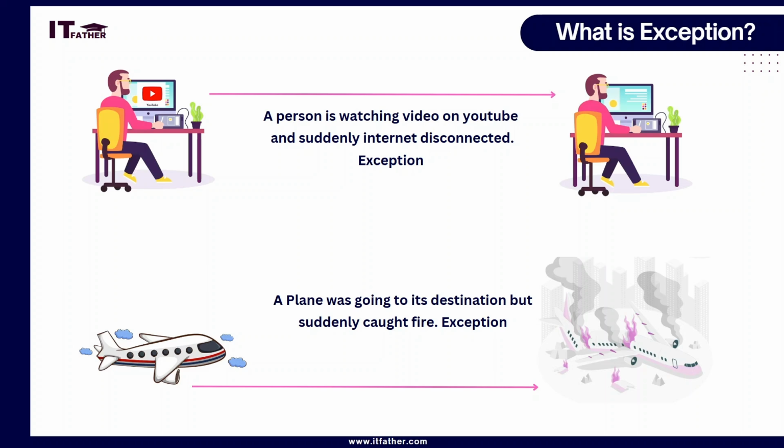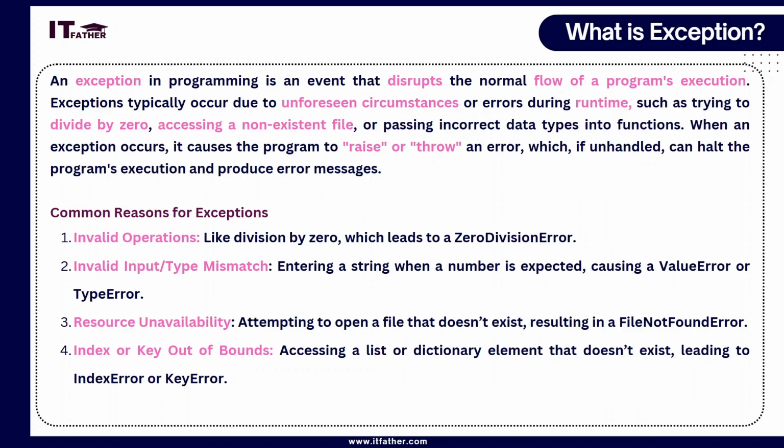Then how to handle it? The program is made in such a way that if this kind of problem occurs, a proper message will be shown to the user on the screen कि internet is disconnected or some problem happened. In that case whatever transaction you have done will be reverted back, or money debited from your account will be reverted back. Means that is a kind of exception handling process. Okay, the same thing we are going to learn here, कि how to handle exceptions.